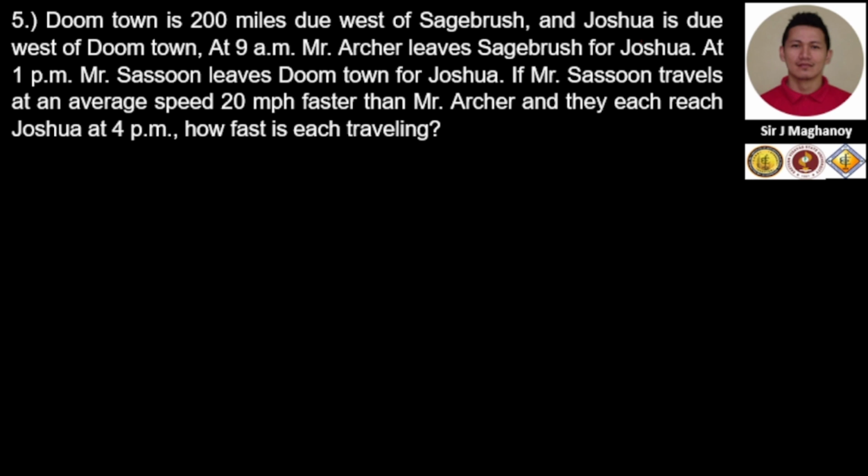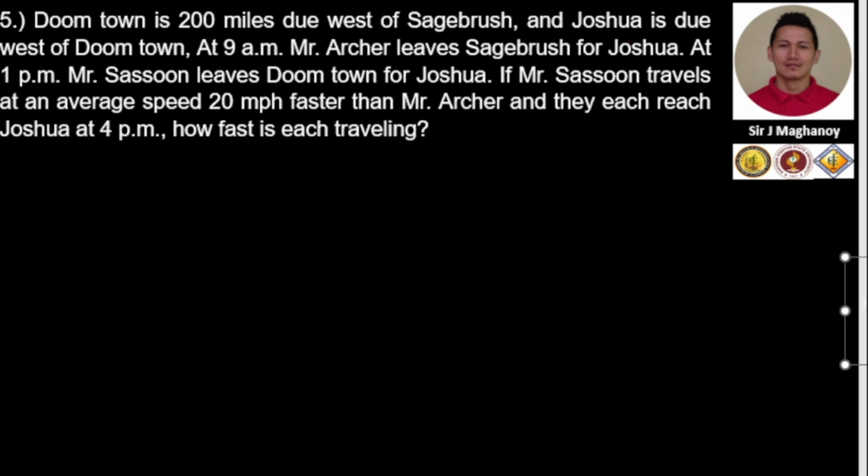Our first step in solving this type of problem, time, rate, distance, is to establish first the direction and location of the moving object. But before we proceed with the direction, we need to establish first the location of each object.